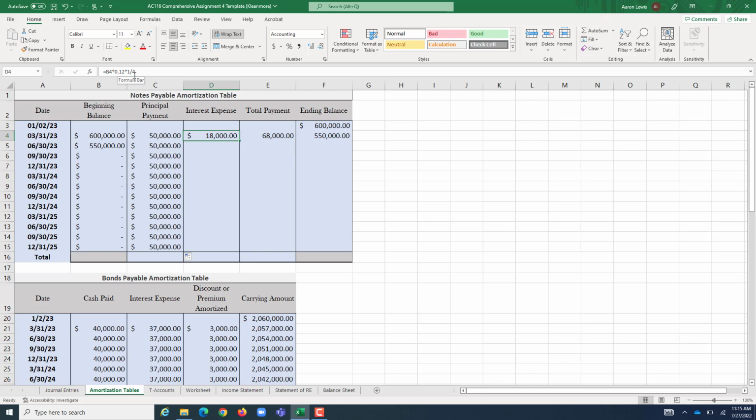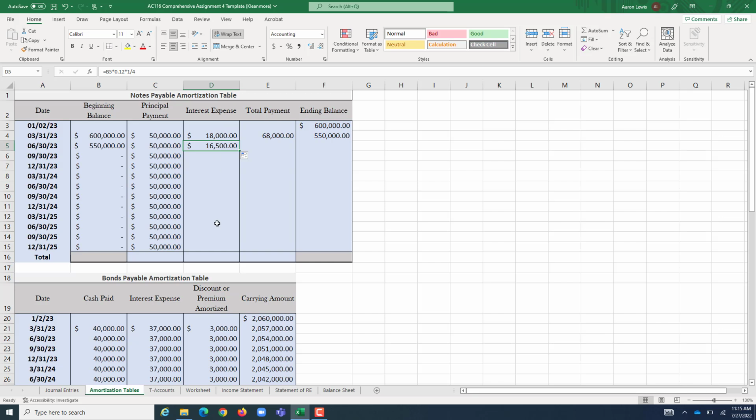It's going to keep the 1/4 every time, but it's going to move that cell reference the way that I want it to. If I bring this down just one spot, we'll see that now it uses cell B5 as our first cell in the input. It's basing this interest payment on our beginning balance, which was $550,000 for that payment, reducing our interest expense to $16,500.